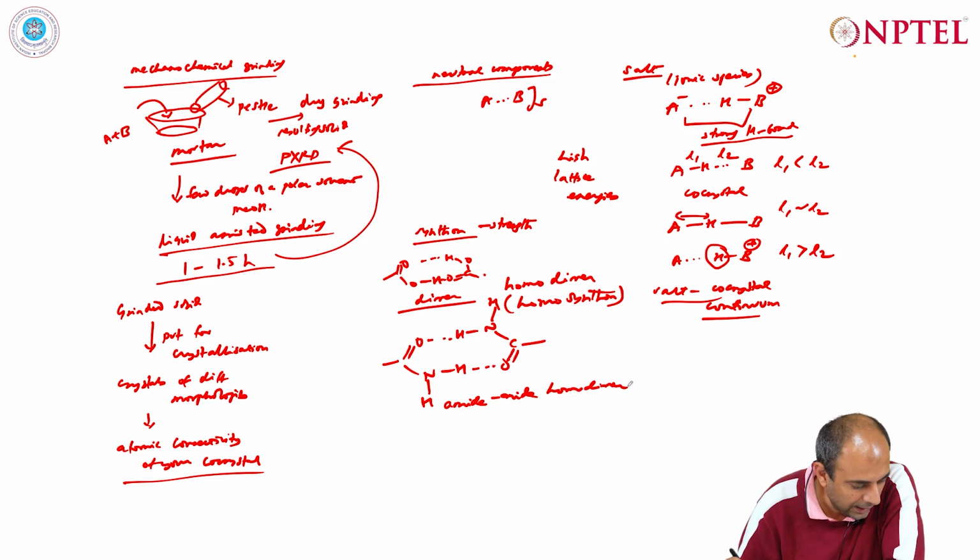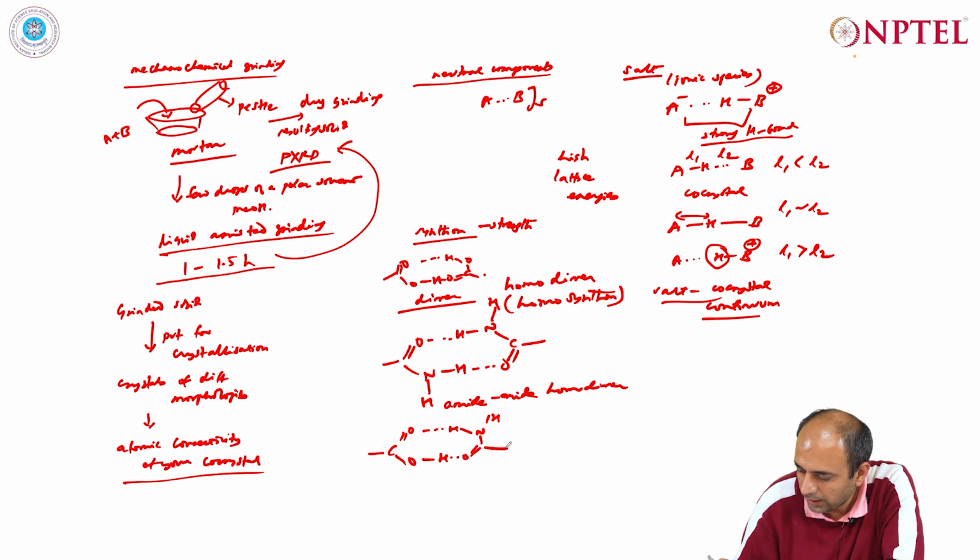And similarly, we can have an acid amide heterodimer as well. So, this is the NHO and this is the OHO, and this is a heterodimer involving the acid and the amide.